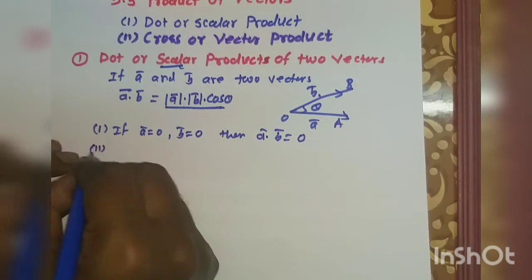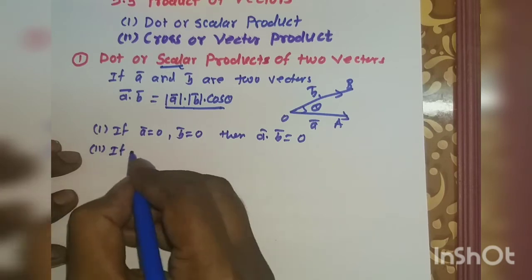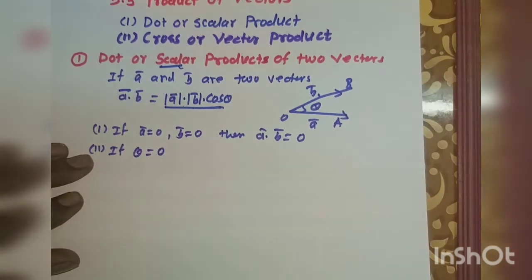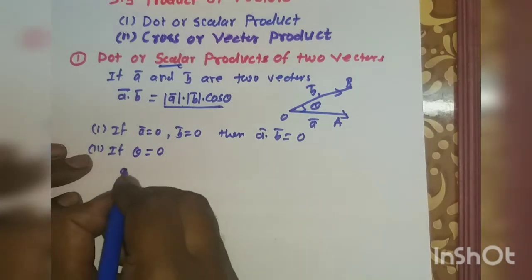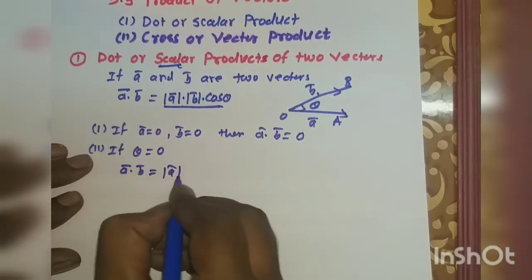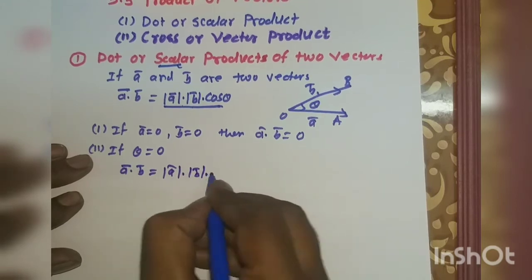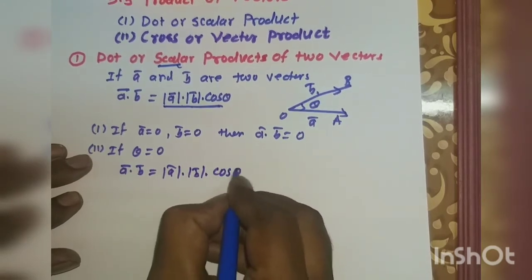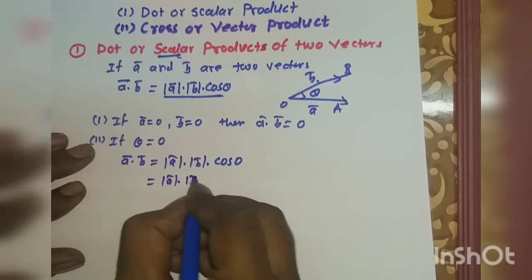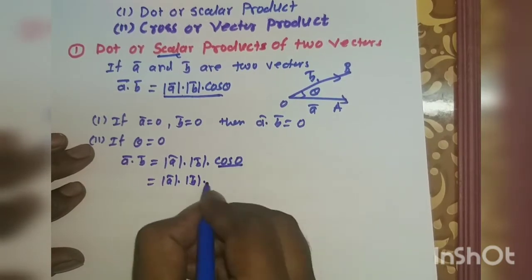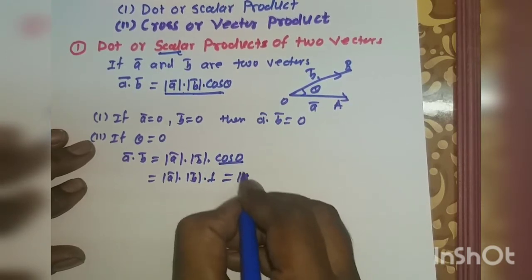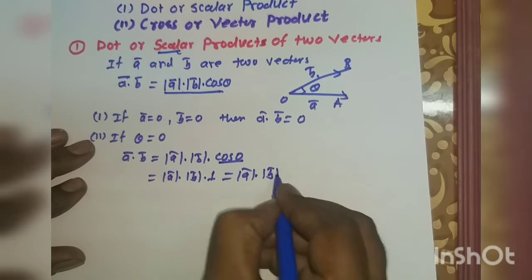Second case, if theta is equal to 0, then a bar dot b bar is equal to mod of a bar into mod of b bar into cos 0, which is equal to mod of a bar into mod of b bar. Cos 0 is 1, that is its value is mod a bar into mod b bar.